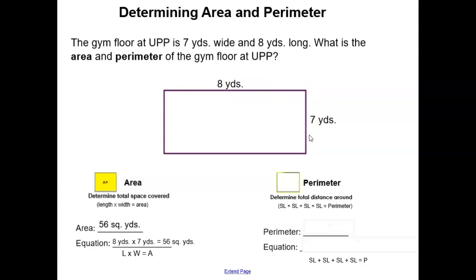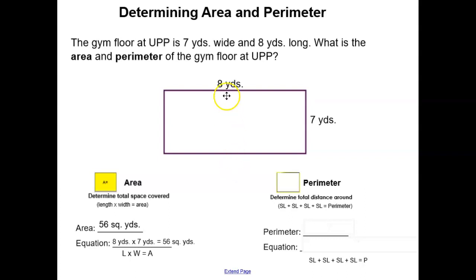Determining perimeter is a little bit different. To determine perimeter, we have to determine the total distance around the gym floor at UPP. So the total distance around just the edges of the gym floor at UPP. So I know I have to add each of the side lengths. Pause the video and write down your equation.